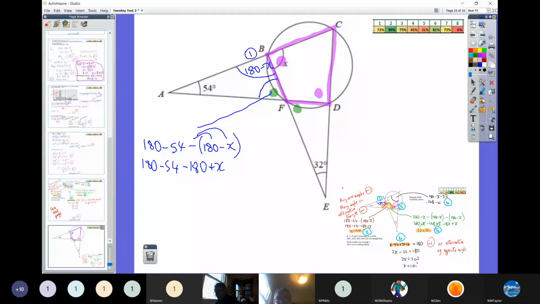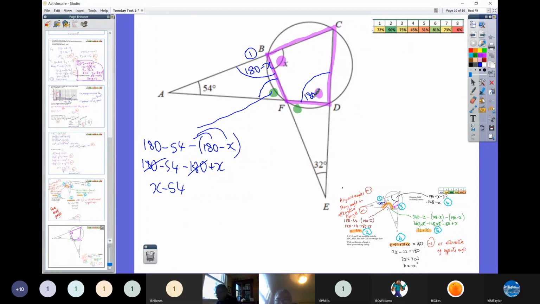Third thing, going back to what I was saying in purple: because the angle at B is x, the angle at D must be 180 minus x. Now, what can we do?